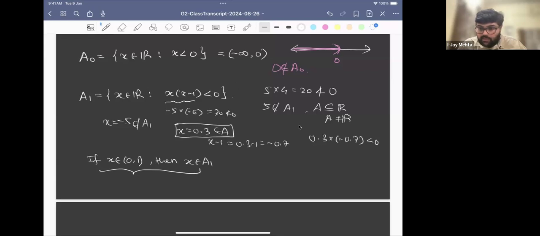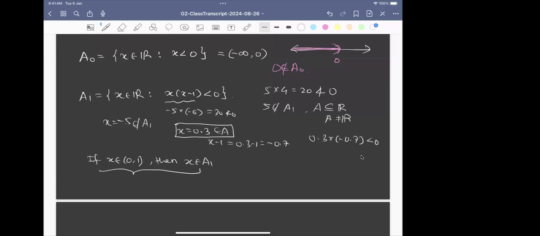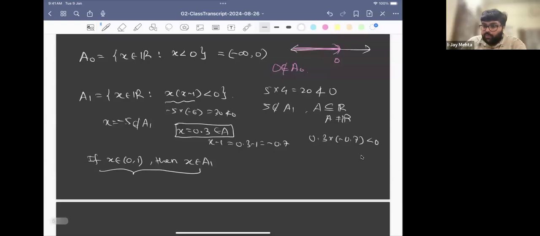What is subset? Adya? The statement means if our x lies between 0 to 1, then x will also be an element of A1. But what does this prove? Which set is a subset of what?